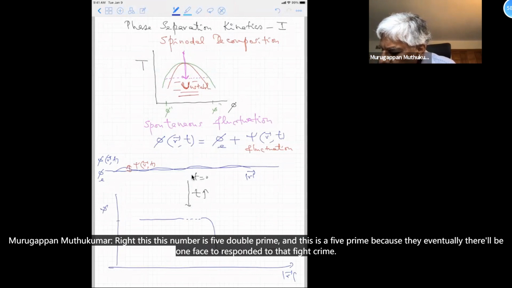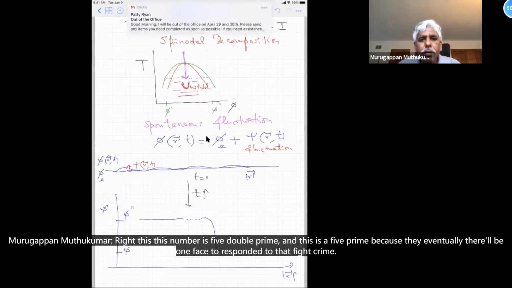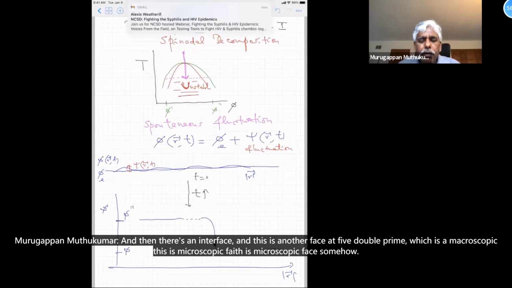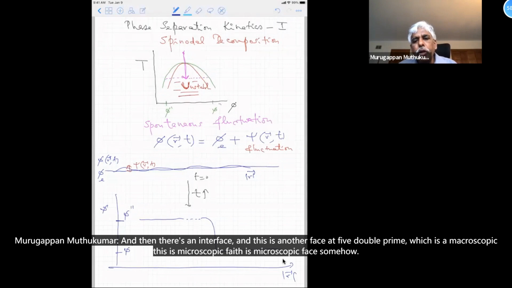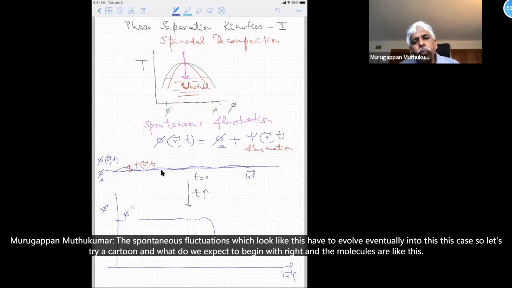This number is phi double prime, and this is phi prime. Because eventually there will be one phase corresponding to that phi prime, and then there's an interface, and this is another phase at phi double prime, which is macroscopic. This is a macroscopic phase, this is a macroscopic phase. Somehow the spontaneous fluctuations, which look like this, have to evolve eventually into this case.